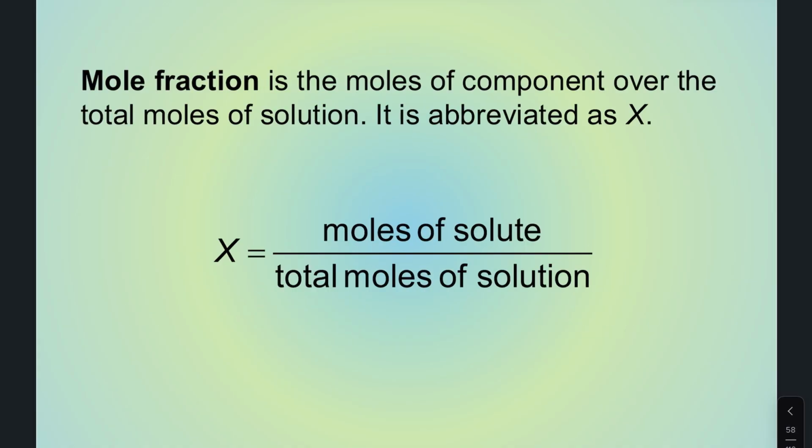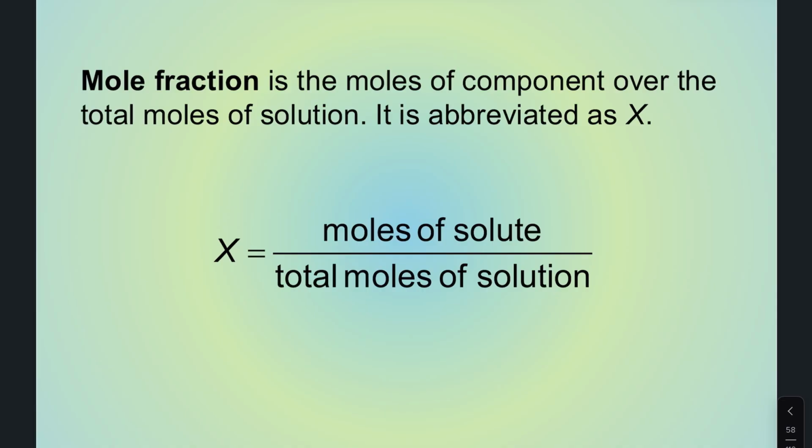The other thing is mole fraction. So mole fraction is very similar to percent mass or percentages. It's just we don't multiply it by 100% and we use moles instead. So moles of solute divided by total moles of solution.